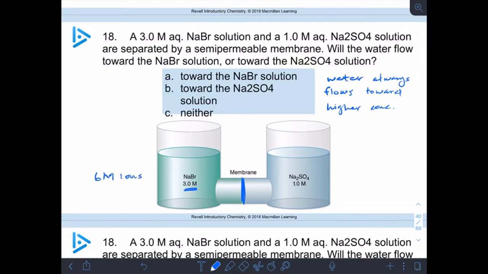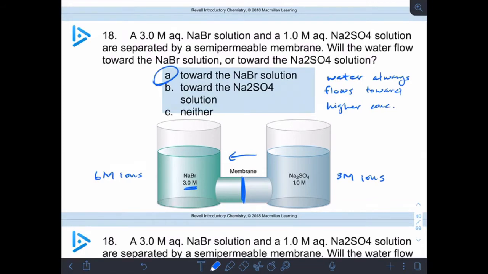On the right, we have 1 molar sodium sulfate. So that gives us 3 molar ions. So the side that has more ions, that's higher concentration. So the water is going to flow towards the higher concentration. So it's going to flow towards the NaBr solution.